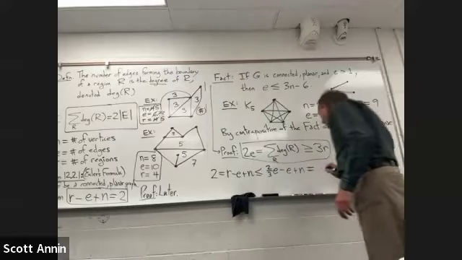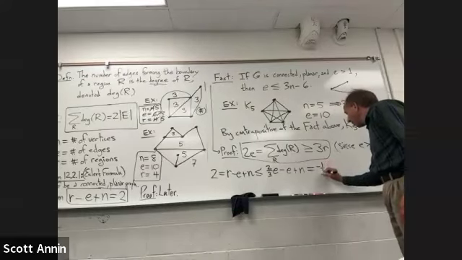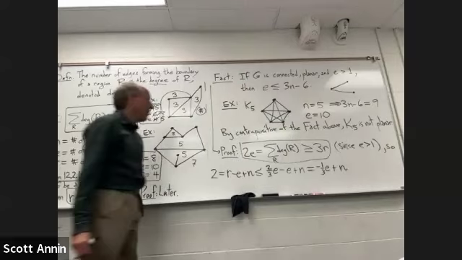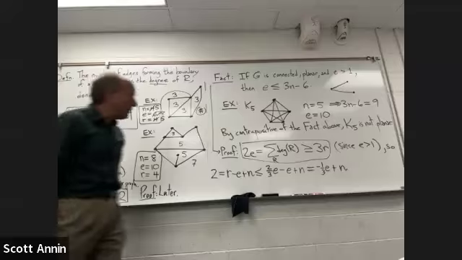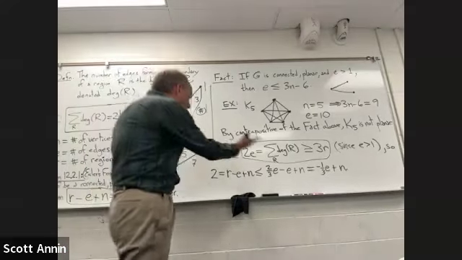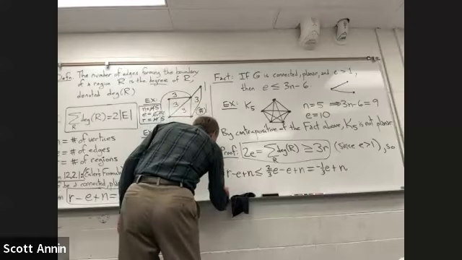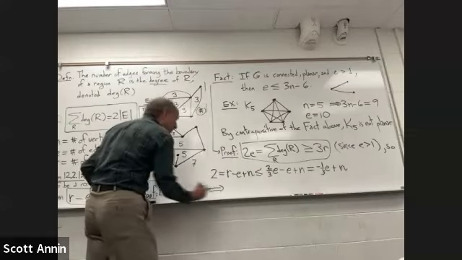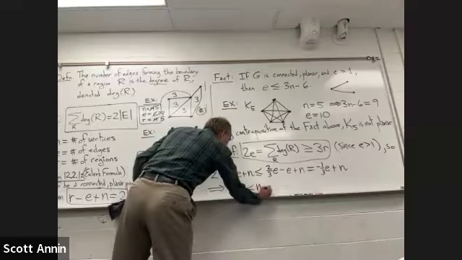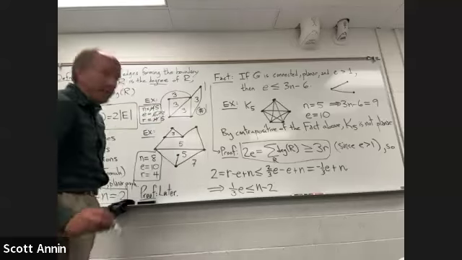So I'll have something like that. And of course, 2/3 of E minus E is negative 1/3 of E. And we add N to that, like so. And so there you have an inequality already in front of you. Let's move these terms around a little bit. Just to clean this up, I'm going to put the 1/3 E on the left side, and I'm going to subtract 2 to the right side.